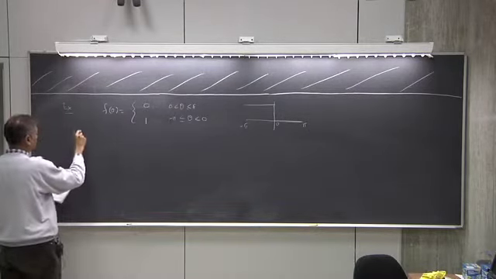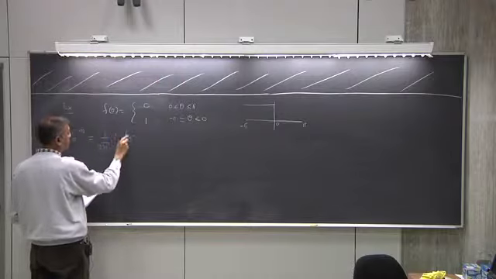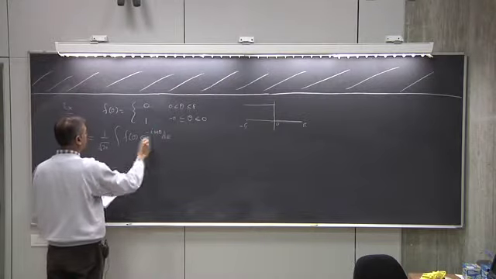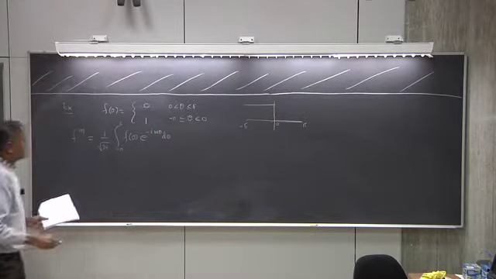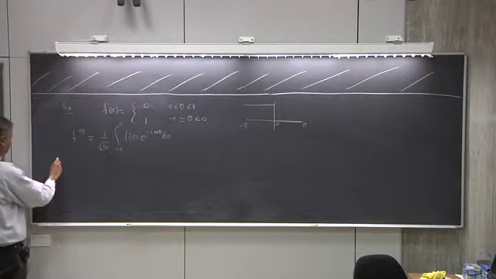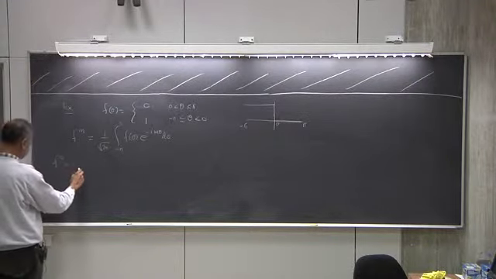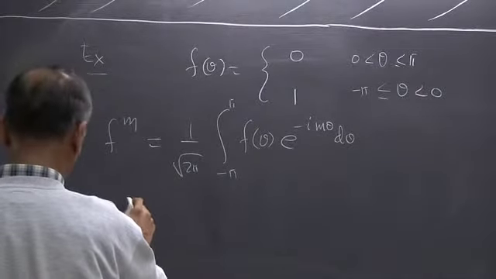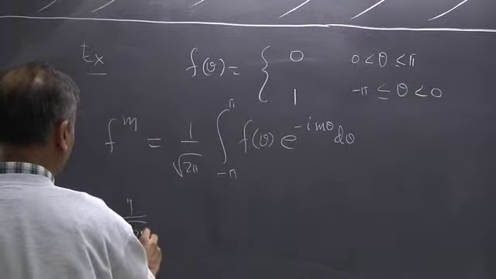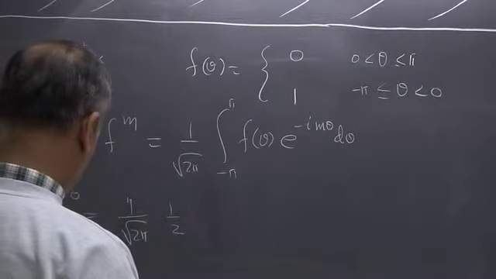So the Fourier series coefficient is simply defined by f_m equals 1 over root 2 pi times the integral of f of theta e to the minus i m theta d theta from minus pi to pi. We worked this out explicitly, and the answer for f_0 was 1 over root 2 pi times pi by 2, sorry, pi.